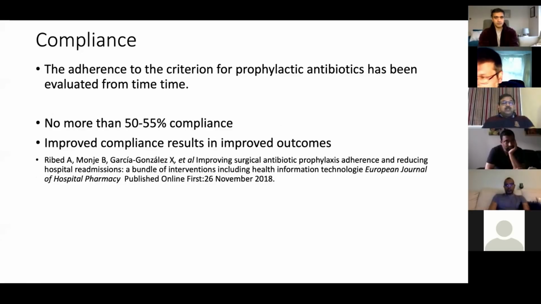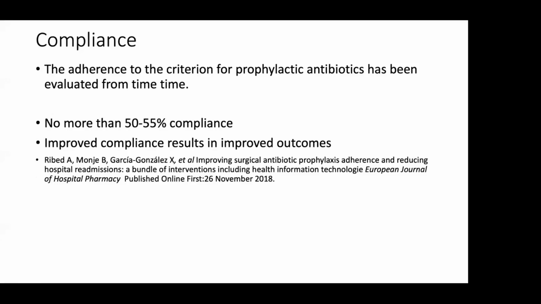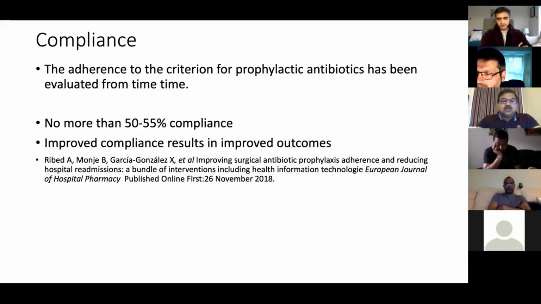One important thing which I could find was this reference, which says that adherence to the criteria for prophylactic antibiotic has not been perfect. This was audited and reported in this paper in 2018, and no more than 50 to 55% compliance was found even in centers in Europe.